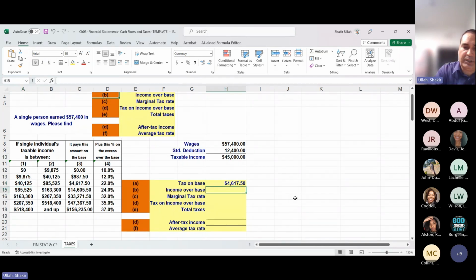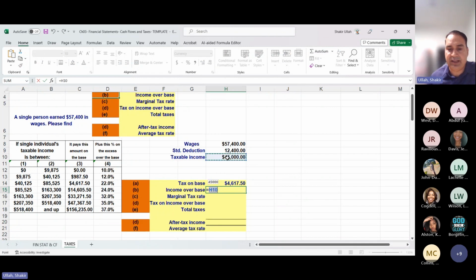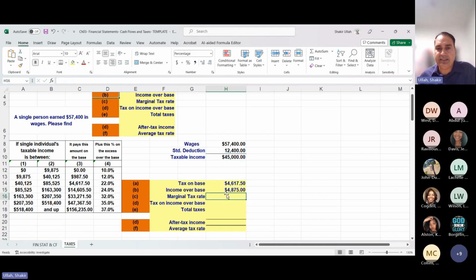We take his taxable income, 45,000, minus the base income, which is 40,125. So that is in addition to the base income, and the additional income is $4,875. You can see this person is in the 22% tax bracket. He will be paying 22% tax only on this income, which is over the base.